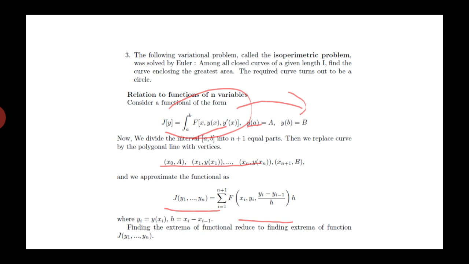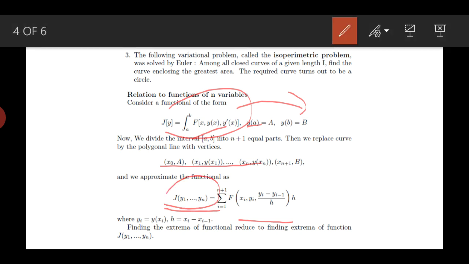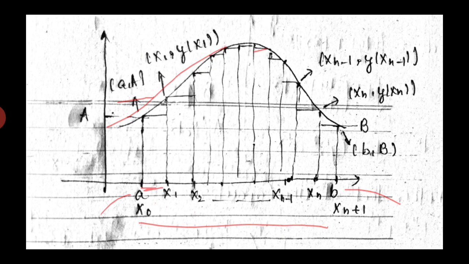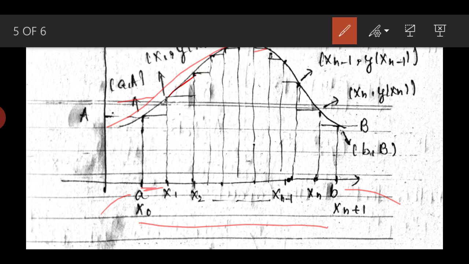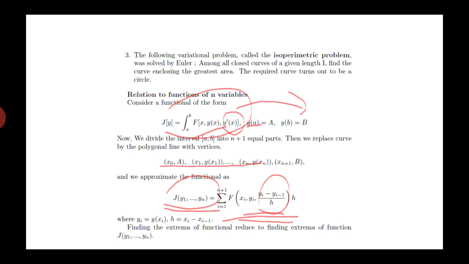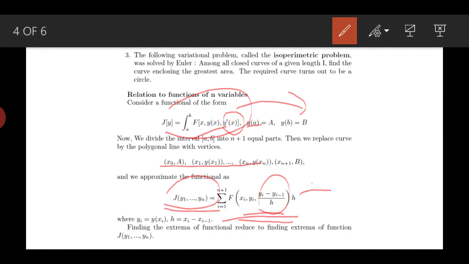So the functional is basically a function of y1 comma y2 comma dot dot dot yn, and it is given by a summation, the integration reduced to summation. i goes from 1 to n plus 1, and then I write the function, and in place of y prime of x I write the slope of the line. Let me show you this slope. Okay, this is just an approximation. And then h, which is the width, is the replacement of dx.